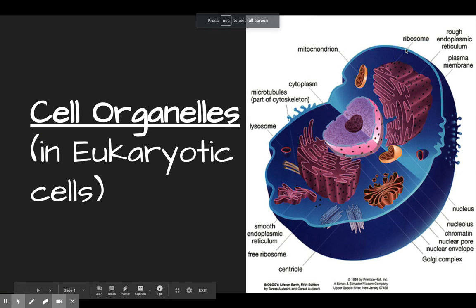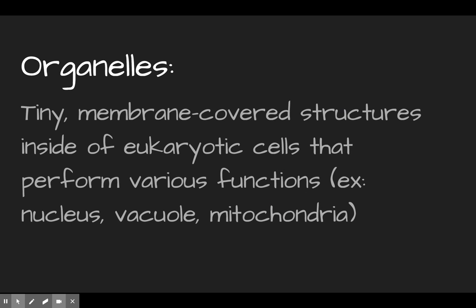So this here is a picture of a eukaryotic cell, and you can see here it's labeled for you. You can see that there are several different organelles that are found, and we're going to talk about each of these. So first, let's define an organelle. An organelle is a tiny membrane-covered structure inside of eukaryotic cells that perform various functions.